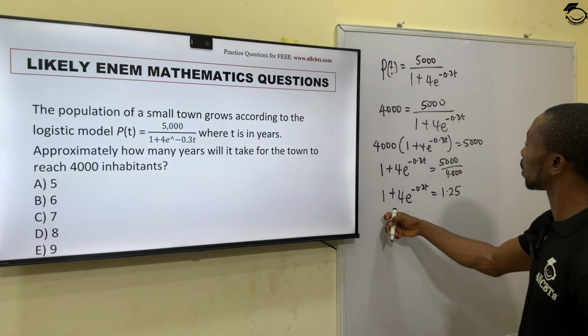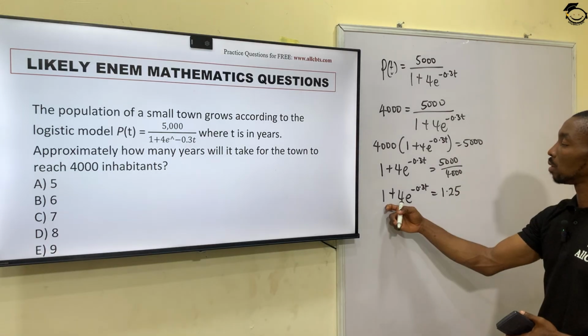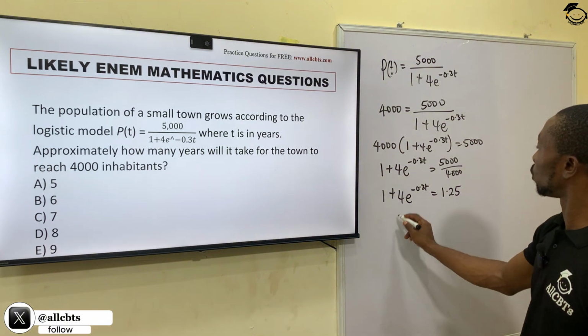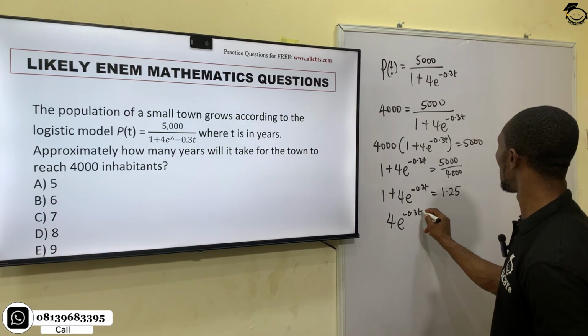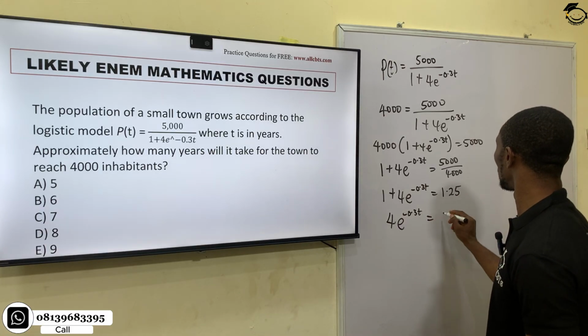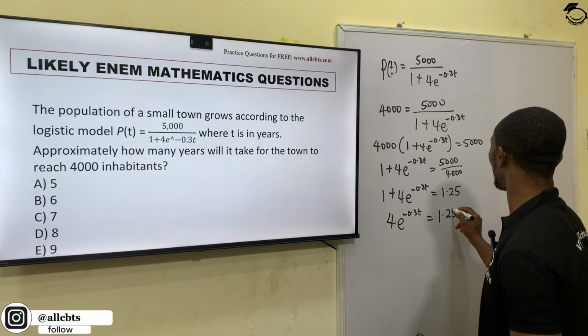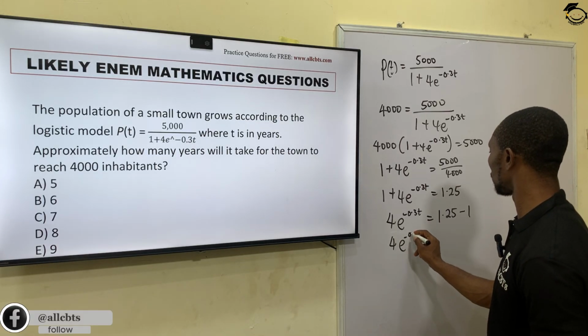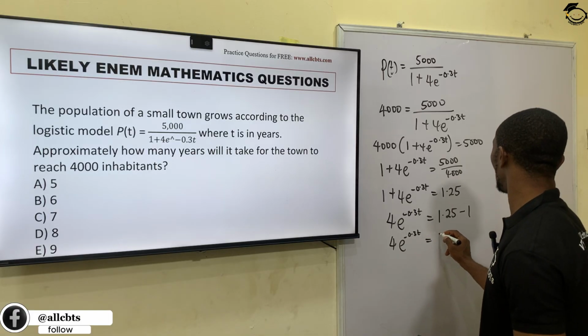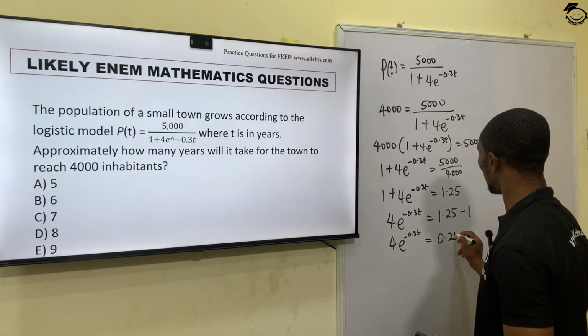Since 1 is adding here, we'll subtract 1 from both sides. So we'll be left with 4e^(-0.3t) equals 1.25 minus 1. So this gives us 0.25.